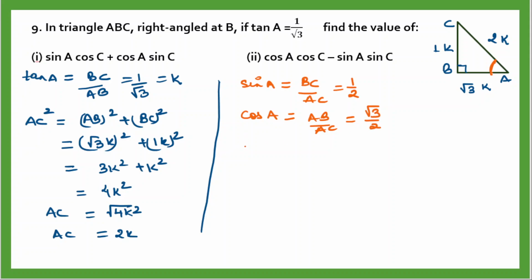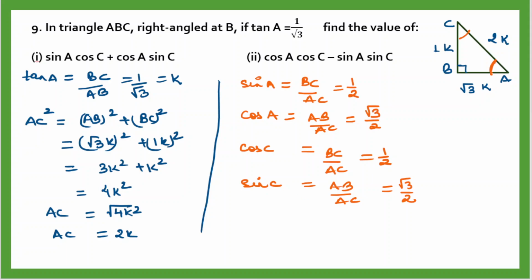Similarly, what is your cos C? Cos C with respect to C. Cos C is equals to BC divided by AC. So it is equals to 1 by 2. What is your sin C? Sin C is equals to AB divided by AC. It is equals to root 3 by 2.